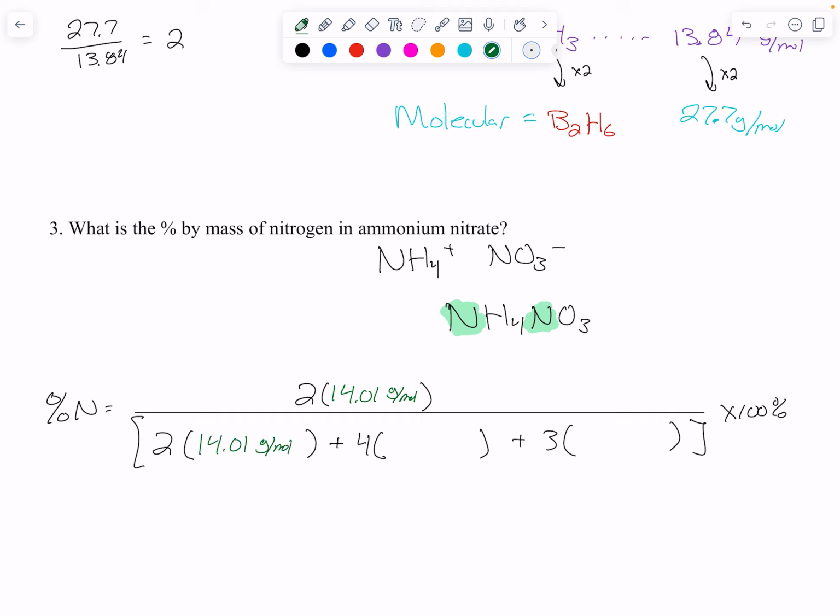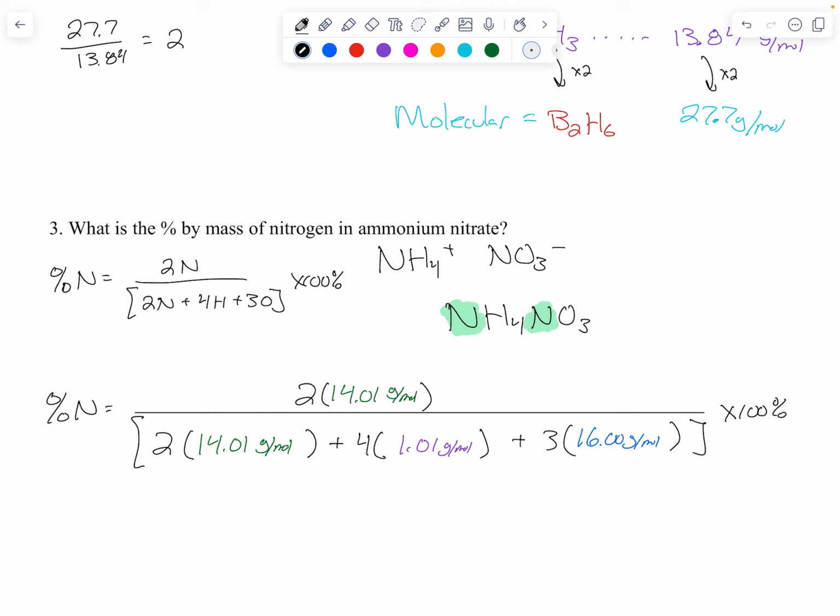I have hydrogen, which is 1.01, and oxygen, which is 16. Now, if you need to, go percent N equals 2N all over 2N plus 4H plus 3O, times 100%. Go ahead and do that.